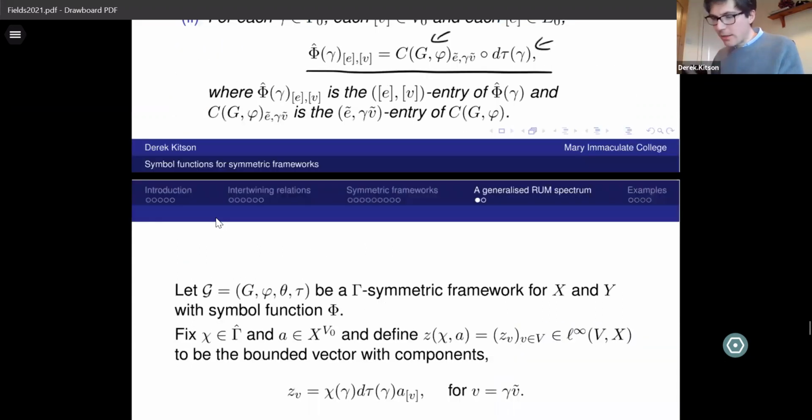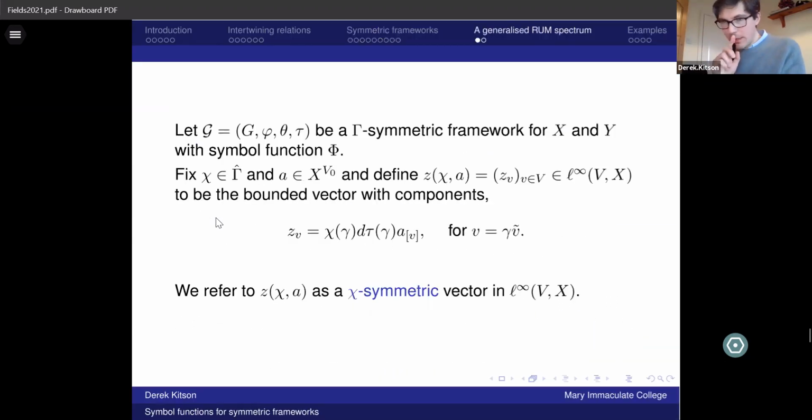One other thing that we do in the paper is think about rigid unit modes. These are studied in the setting of periodic frameworks, and they certainly appeared in papers of Steve Power. He studied this a lot. What we've done is generalize the idea.